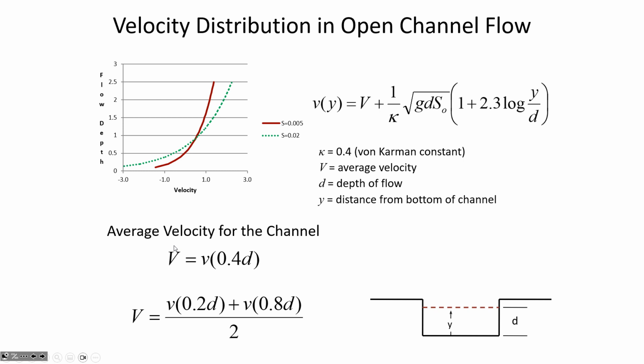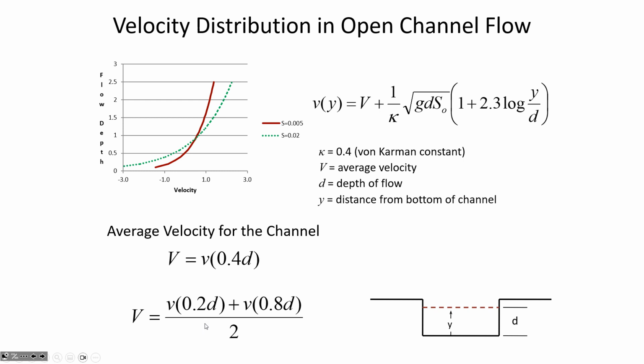That's just one rule of thumb that our book introduces. Another it says is that sometimes what you could do to determine the average velocity is measure it 20% of the way from the bottom and then 80% of the way from the bottom, and the average of those two would give you it.